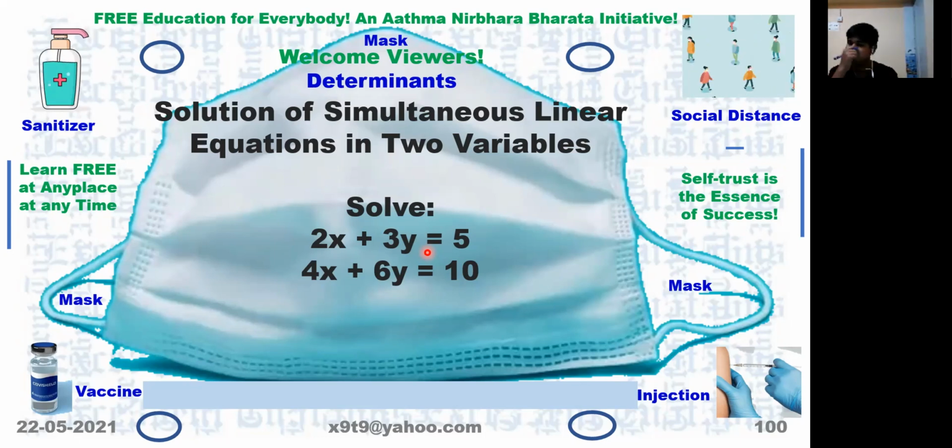Same, sir. That is also 0 by 0, called indeterminate. That means we cannot find a value for x and y which, when substituted on the left hand side of the equation, will give the right hand side.